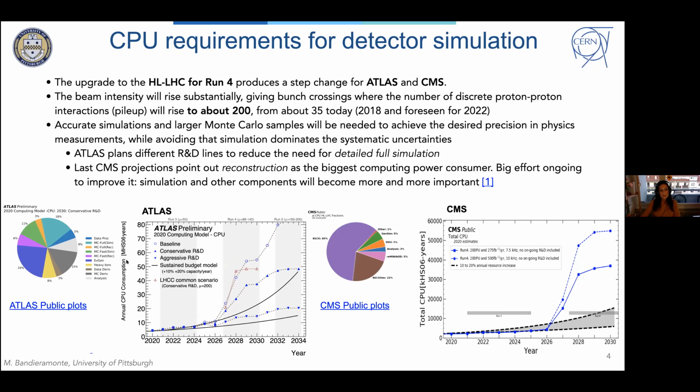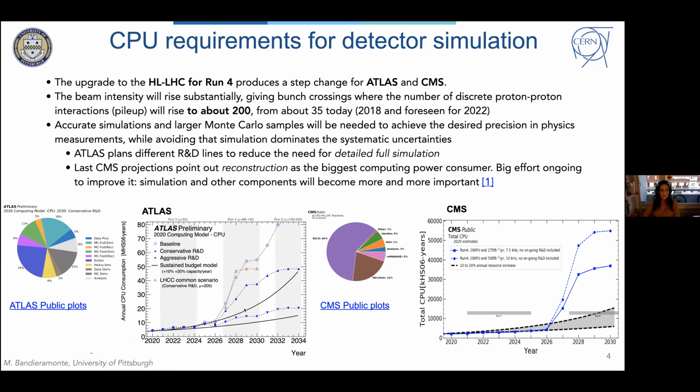So the ATLAS experiment, for example, is planning different R&D lines in order to meet the computing needs of the future. In this plot, you can see a projection of the computing needs for the next 14 years, where the solid black lines represent a projection of the computing availability, assuming a plus 10% or a plus 20% budget per year.